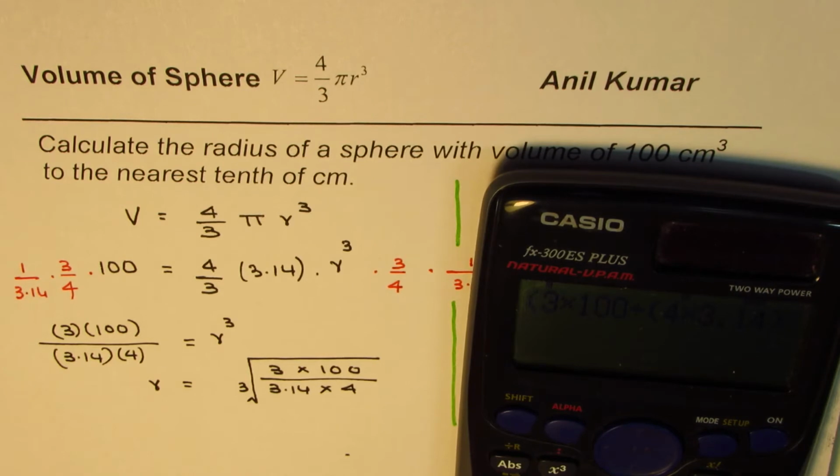Now since we have one bracket here, so 300 divided by both of them, bracket close. We have to use another bracket to close for the first one. And the power is cube root. We could write this power as 1 over 3, right? So we could write this as power of 1 divided by 3, right? And now we can press equal to get the answer.